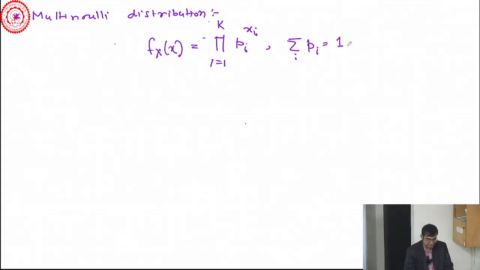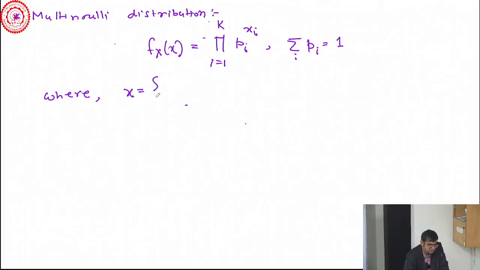So let me write it down, where the random variable, let's say outcome, is equal to x1, x2, ..., xk.